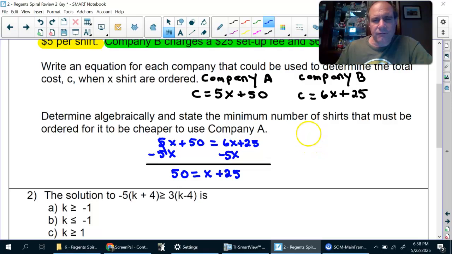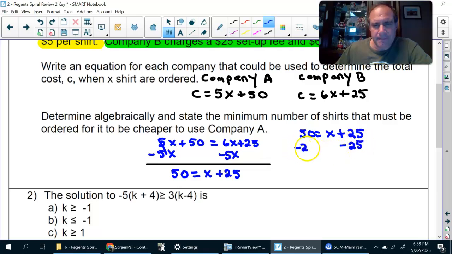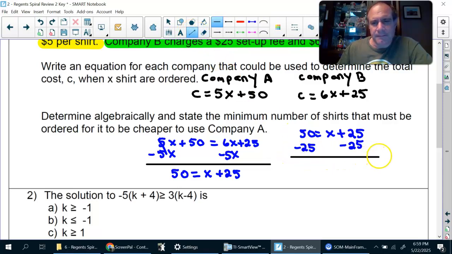I'm going to bring that over here and write down 50 equals x plus 25. So you subtract 25 from both sides. The 25s cancel, and you get 25 equals x.